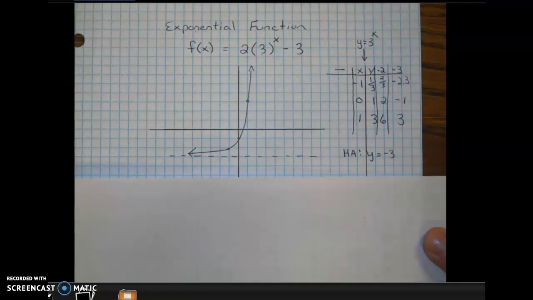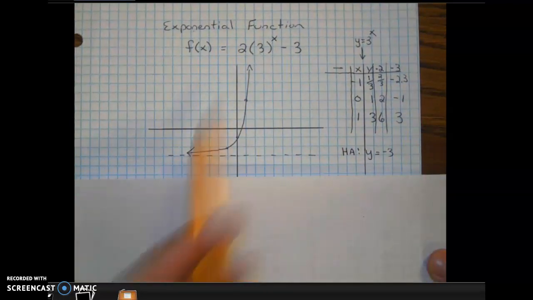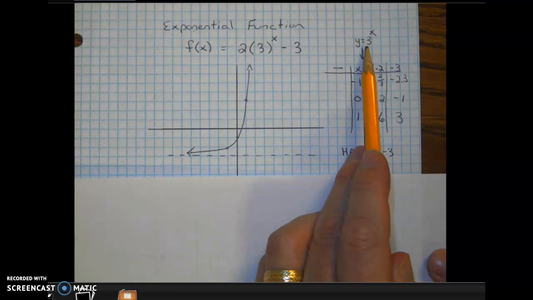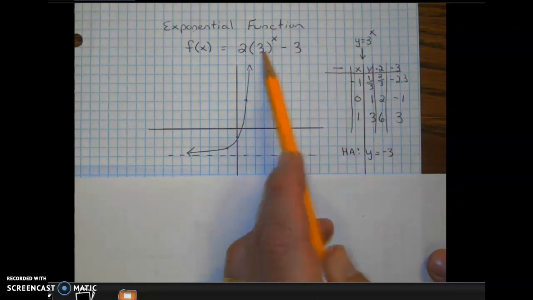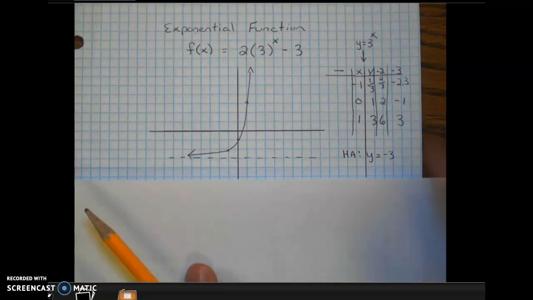Okay, so now to get to the inverse. We're going to start by finding the inverse of the parent, and then we'll proceed and find the inverse of this function here. So recall that finding an inverse means first switching x and y.